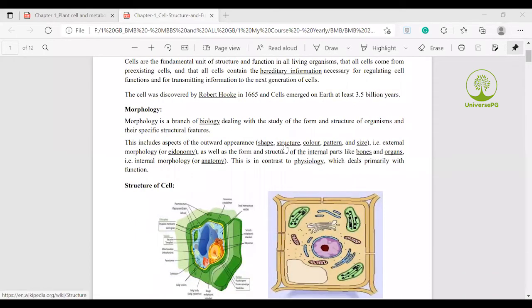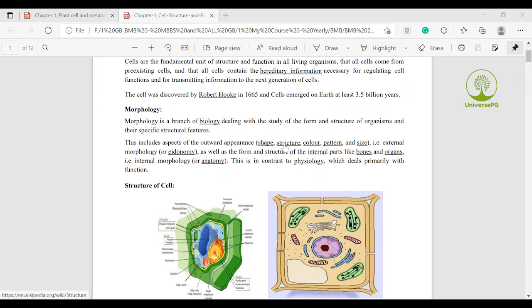Next, morphology of cell. What is morphology? Morphology is a branch of biology dealing with the study of the form and structure of organisms and their specific structural features.